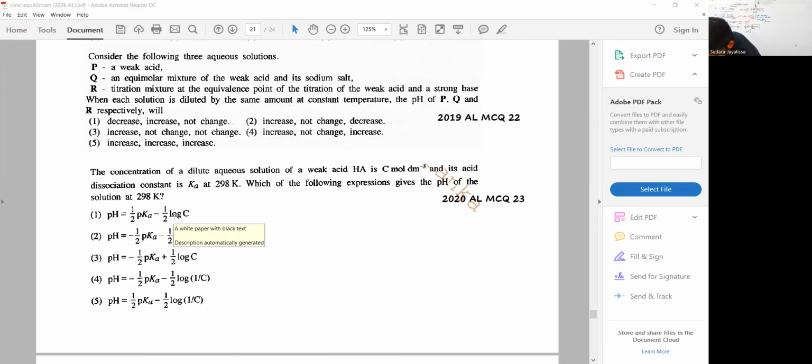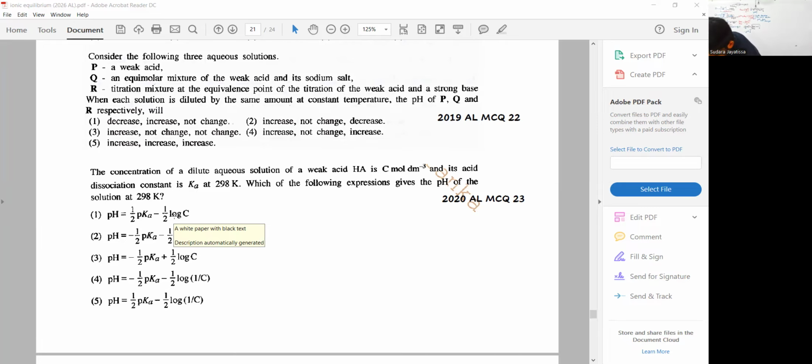So you have this Ka expression, Ka equals H3O plus square over C. Now if you make H3O plus the subject, you get square root of Ka into C.